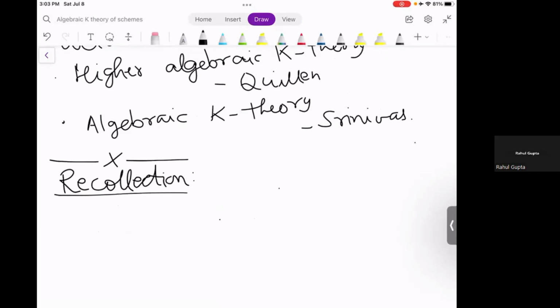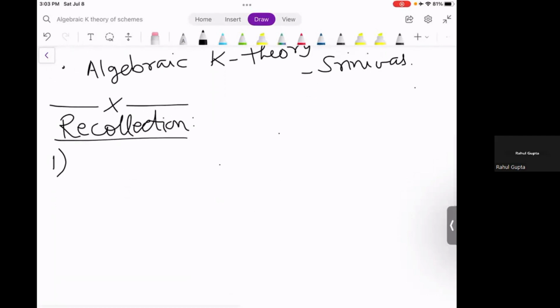So there is this recollection from your previous talks in this series. The first thing you have learned is, given an exact category, how Quillen defined its K-theory.